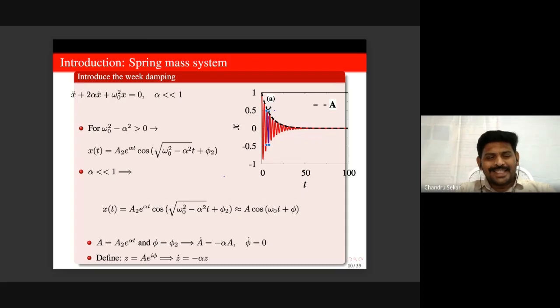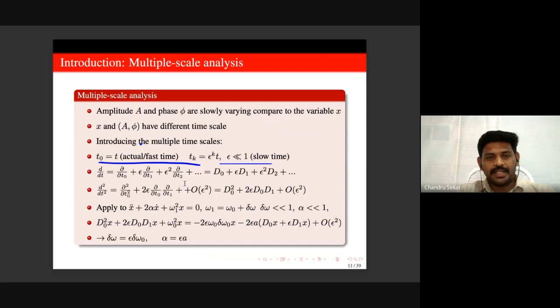So it's clearly indicated that the time scale of x is much faster than the time scale of a. So based on this observation, we define new time scales, a fast time scale and a slow time scale.